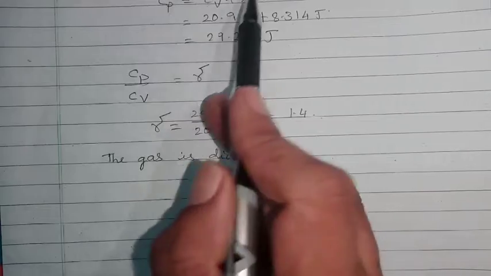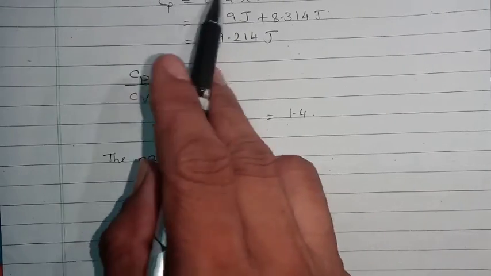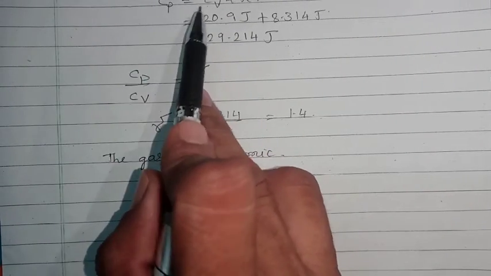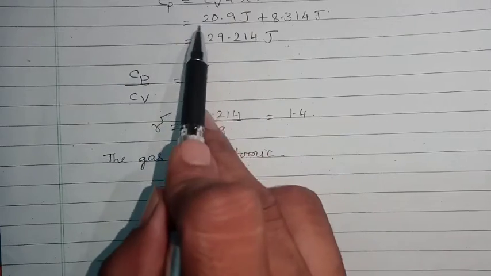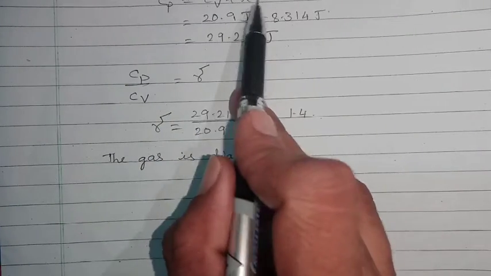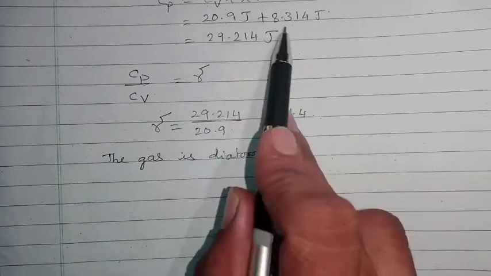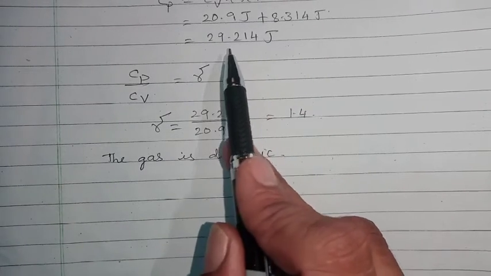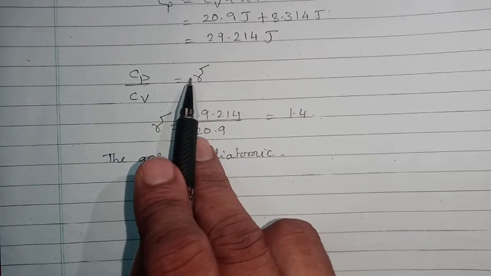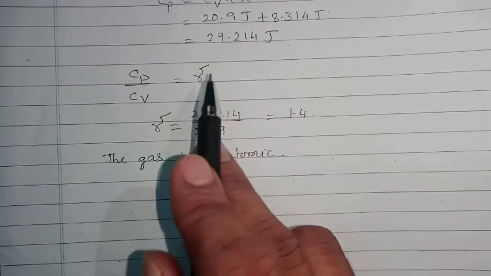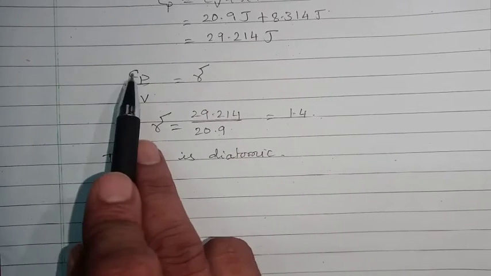Here we have calculated CV, but we know the relationship, that is CP is equal to CV plus R. CV value 20.9, R value 8.314. By the addition of these two, we get 29.214. To calculate the atomicity of the gas, we take the ratio of CP and CV.